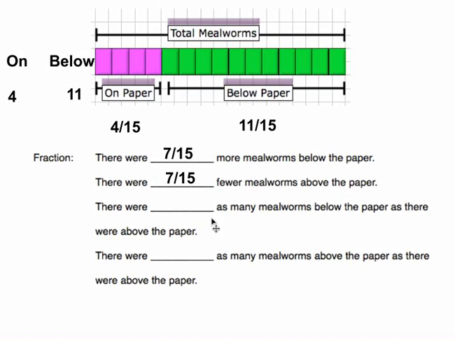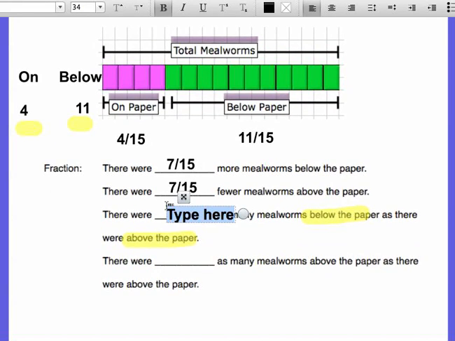So if I'm looking at there were blank as many mealworms below the paper as above the paper. So order really matters. So pay attention to that order. That relationship is 11 to 4. So we can express that, and this is where you might not have a deep understanding of this right now.